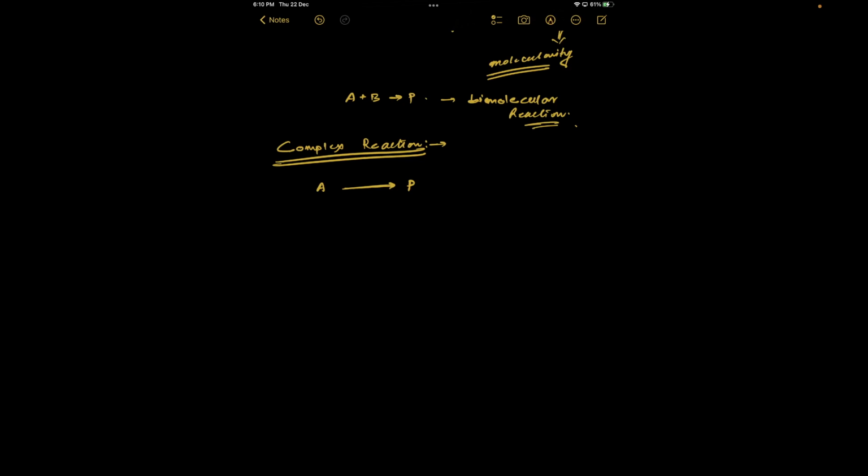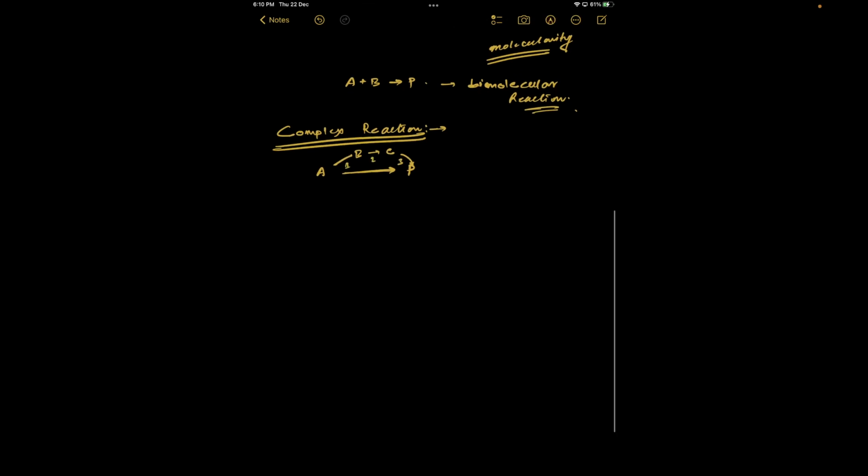But if it is forming through multiple intermediate steps, from A to B, then B to C, then C to P, so multiple intermediate steps are there, right? This is the first step, this is the second step, this is the third step. This type of reaction we call a complex reaction, with more than one intermediate step.